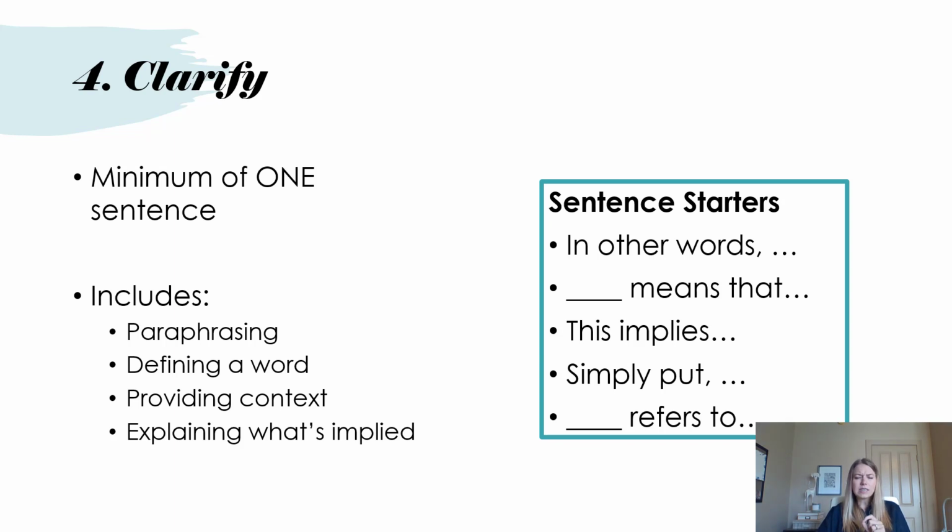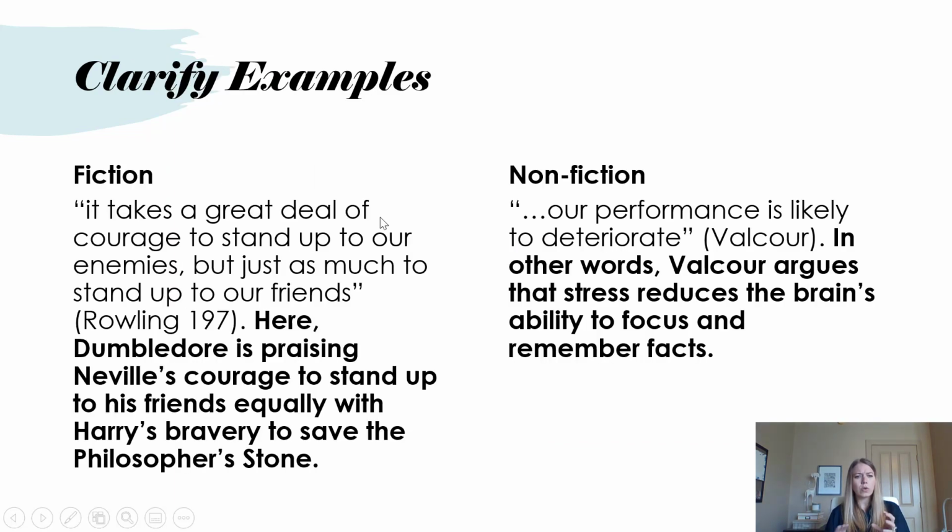Let's take a look. I think this is easier to see in action. So looking at fiction, still going with the Harry Potter theme of bravery, the quote is, "It takes a great deal of courage to stand up to our enemies, but just as much to stand up to our friends." And so in this case, the clarify became giving context. What happened in the story when that quote happened? Who said the quote? Why did they say the quote?